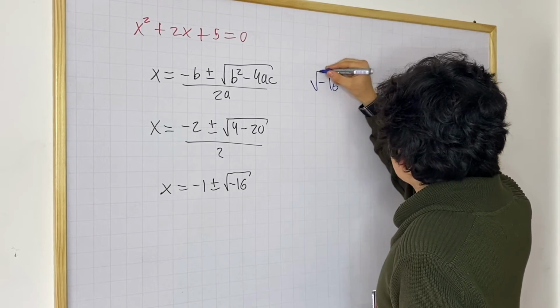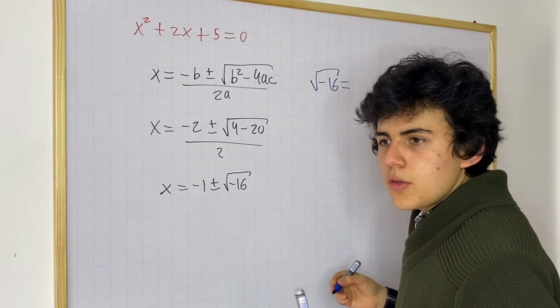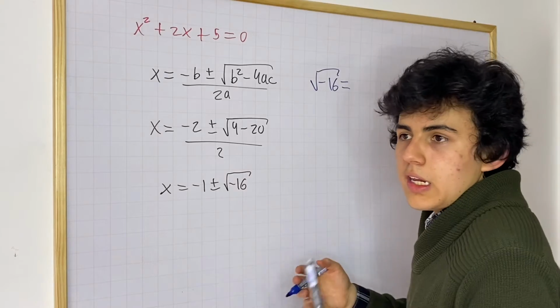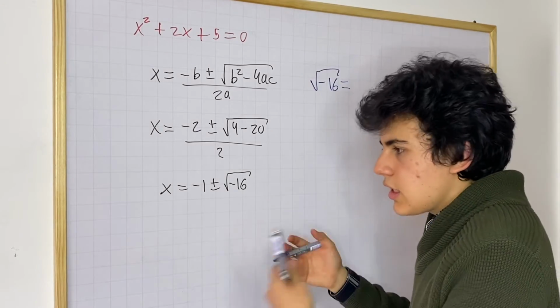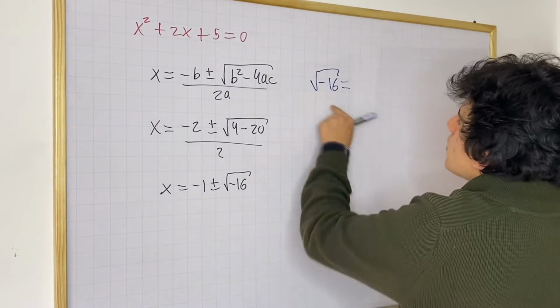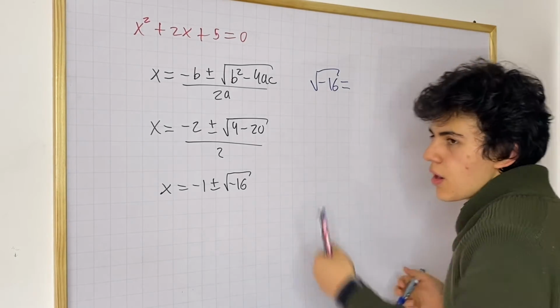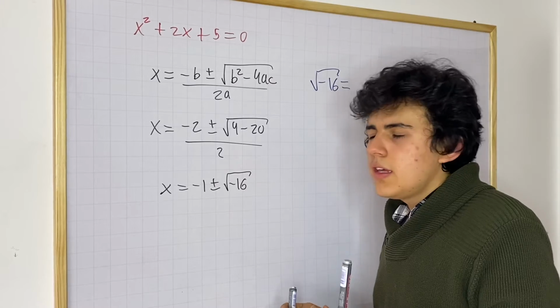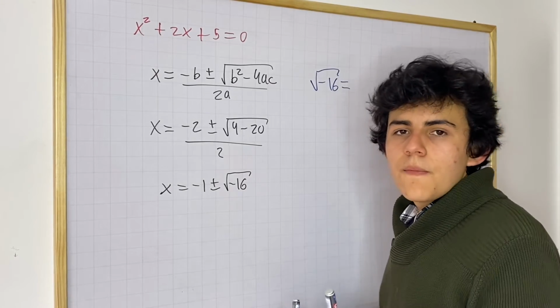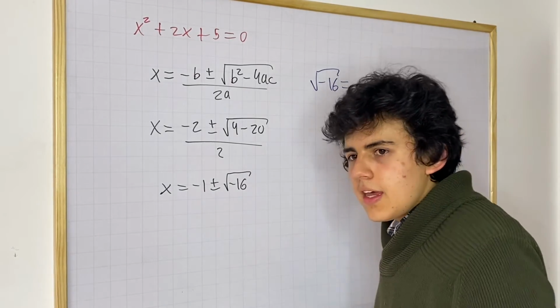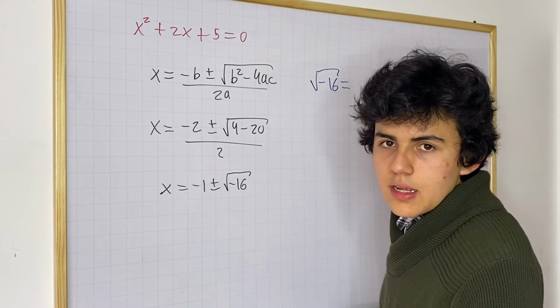If you don't know how to find this square root, you could do some plugging and checking. Plug in and check if that value works. For example, this is simply the square root of 16 times the square root of negative 1.